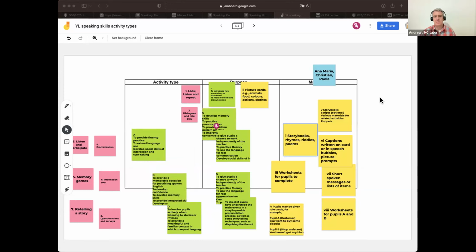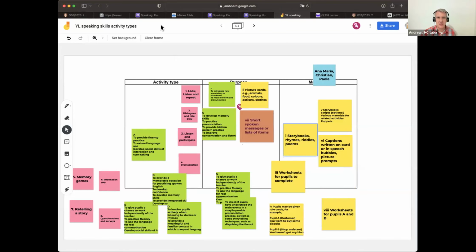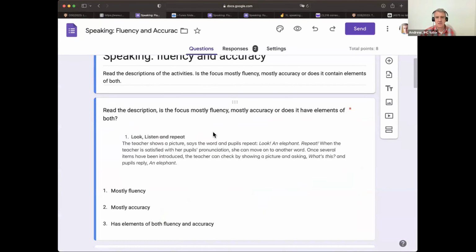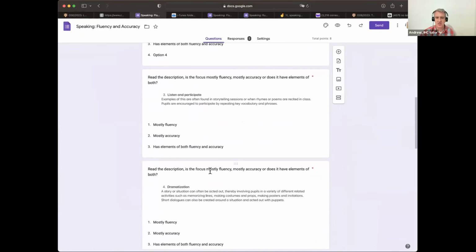Hi, Christian. Now, what we're doing is matching those 8 speaking activities to the purpose for doing them and the materials that we would use in the activity. So I'm just putting the links here. To do this, you need to have open the Google form, so that you can read about the activities again.